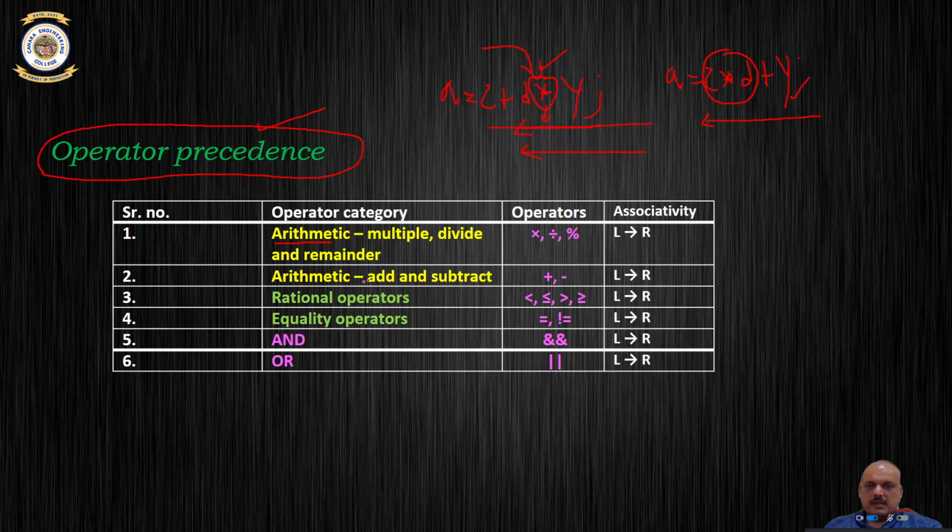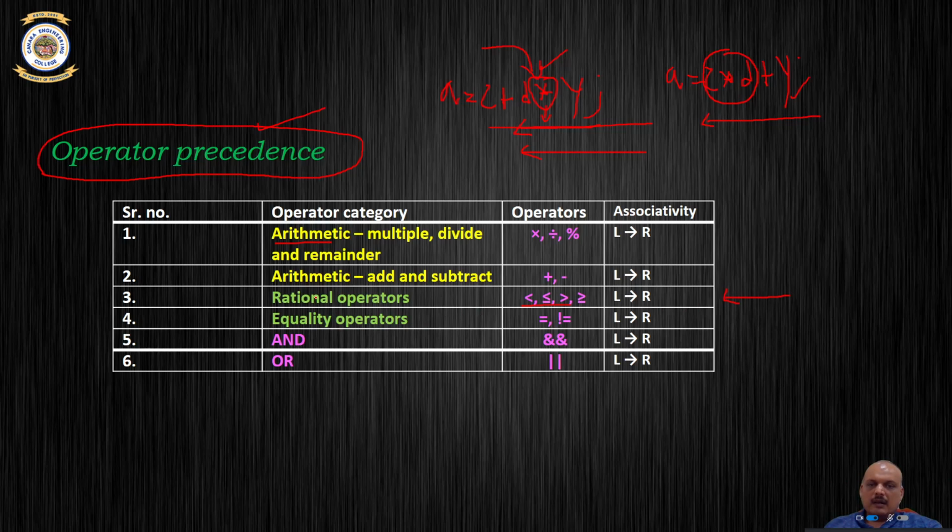Relational operators fall below the precedence of arithmetic operators. So relational operators like greater than or equal to, lesser than or equal to fall below the precedence of the arithmetic operators. Again, among them they get executed going from left to right.